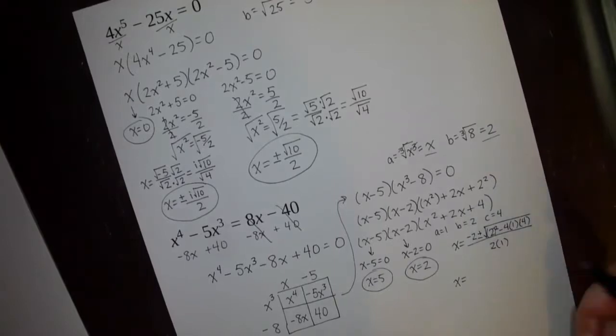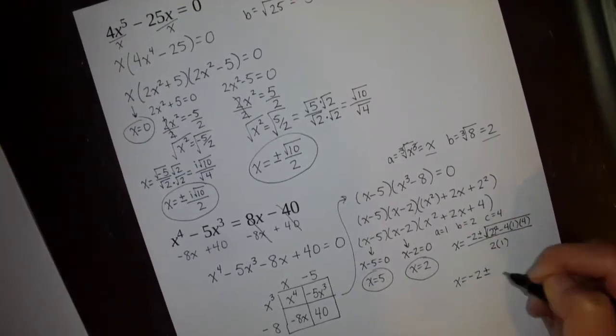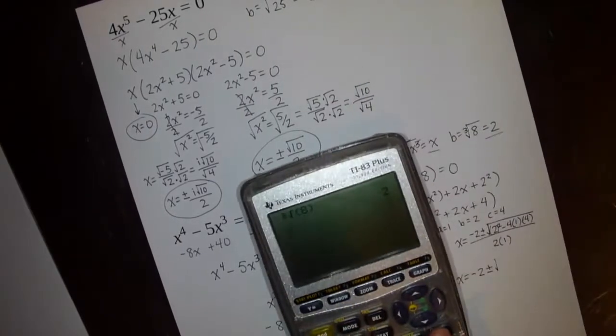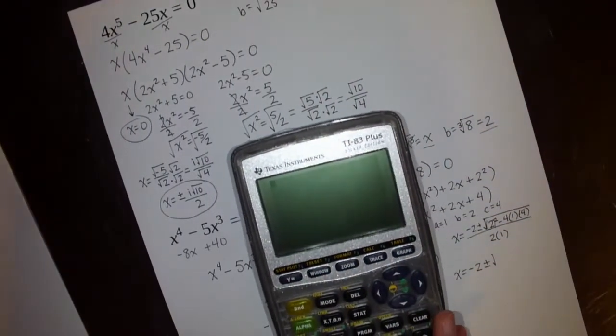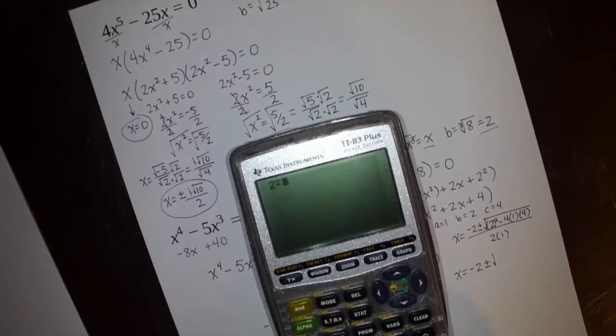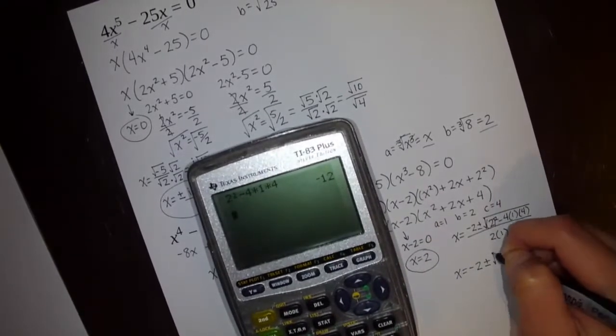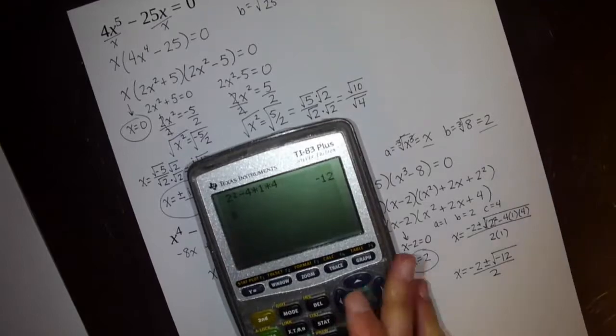Okay, so x equals negative 2 plus or minus, and I'm going to evaluate what's under the root here. When I type it in the calculator, I don't include the square root. I have 2 squared minus 4 times a times c. So you get negative 12, over 2.